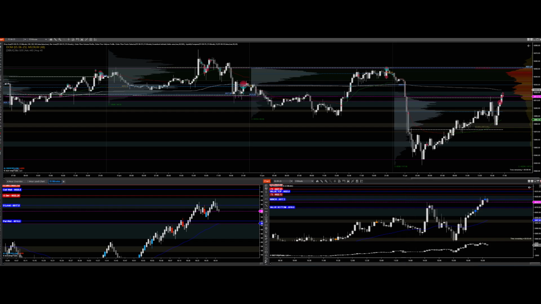I'm just tracking these distributions as well to see how they react with price. They seem to be tracking high volume nodes as well. It's really interesting. I'm going to see how they act on retests, especially.